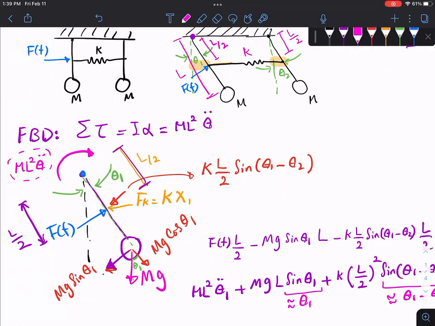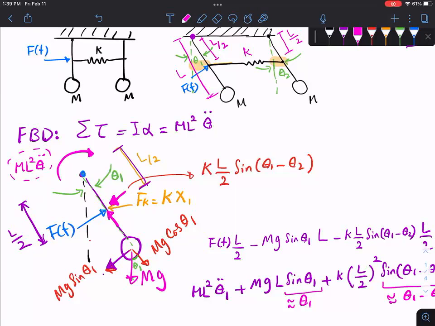Here we will have K L over 2 sine of theta 1 minus theta 2, which is only the component that has a distance of L over 2 to the pivot point. There will be another component, K L over 2 cosine of theta 1 minus theta 2, but it's not going to create a torque on our pivot point, so the torque is 0.